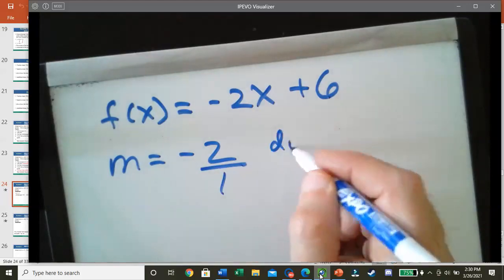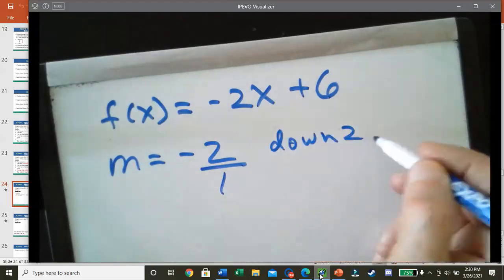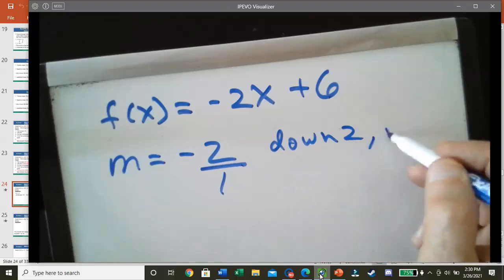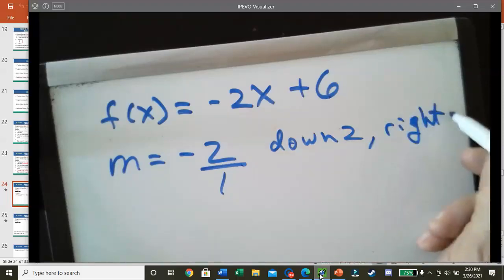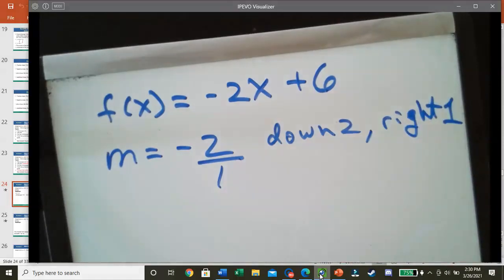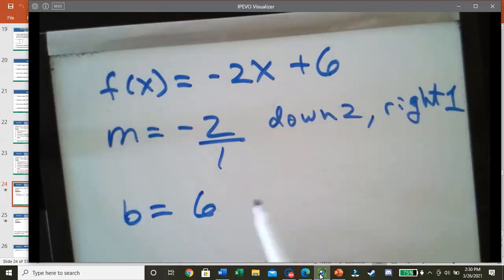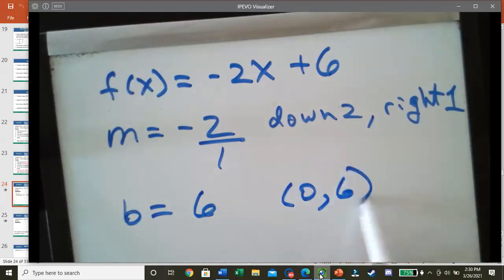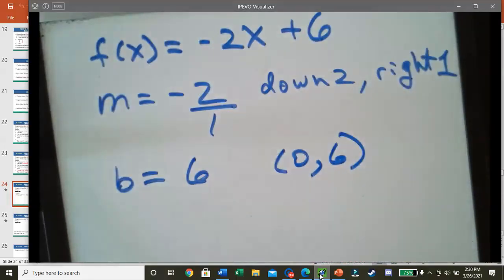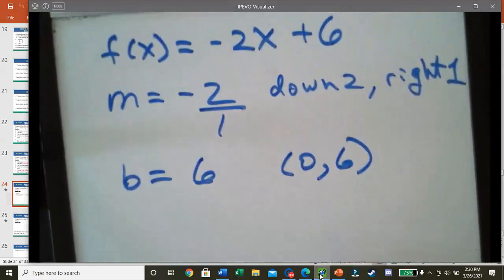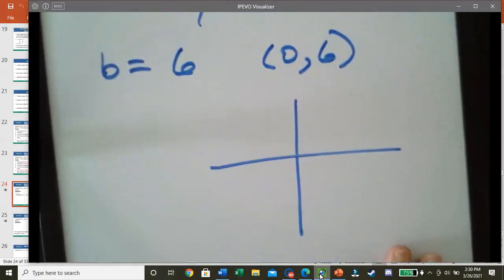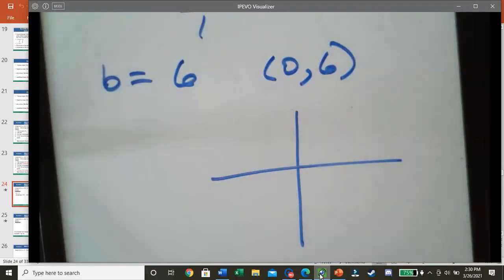We're going to move down 2 and right 1. Our y-intercept is 6, so our y-intercept is at (0, 6). Questions so far?